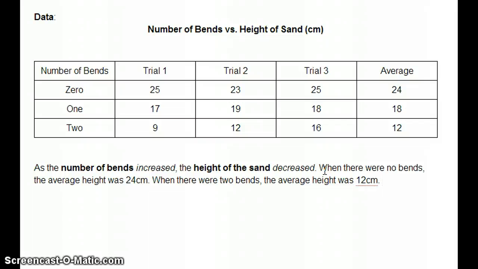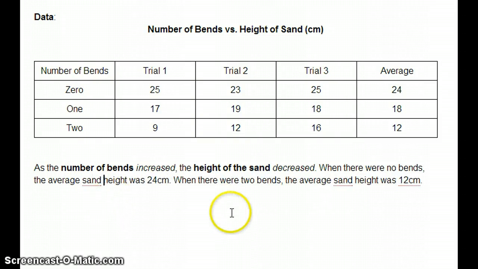When there were 2 bends, the average height of the sand was 12 centimeters. I'm just going to put sand height in here. If you just said average height, you probably weren't docked. But again, the point is you want to be as specific as possible. So I've just got my 3 points.